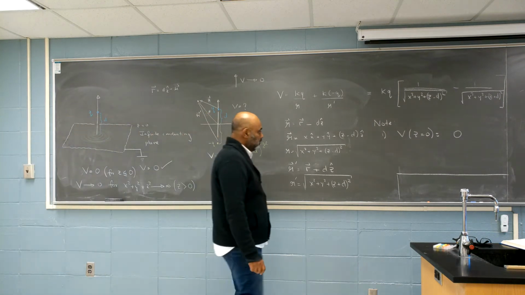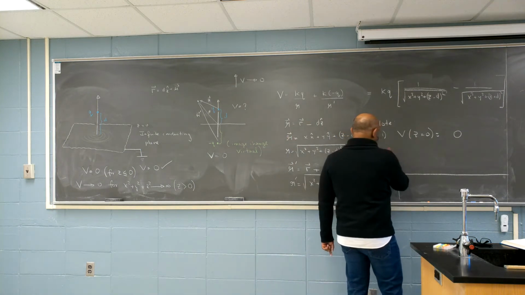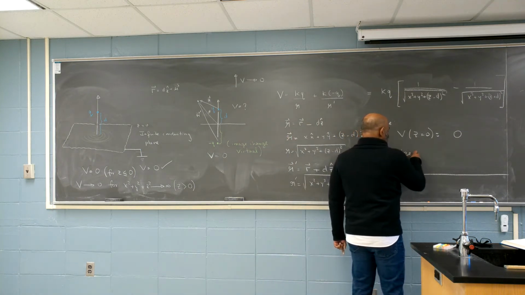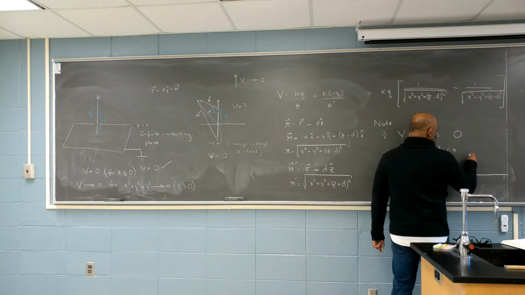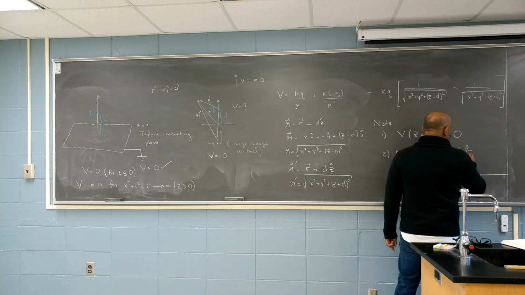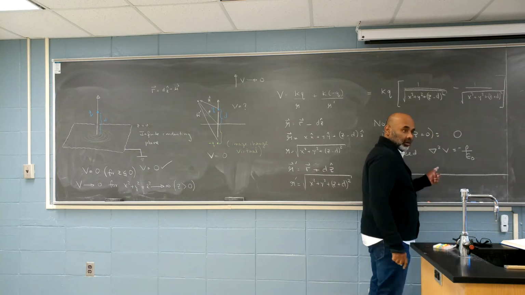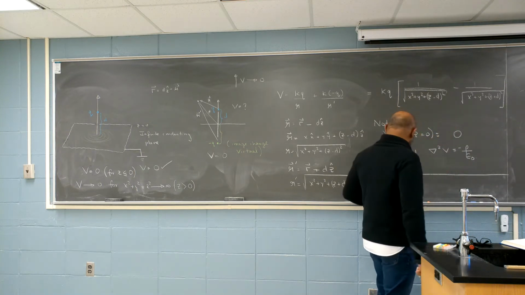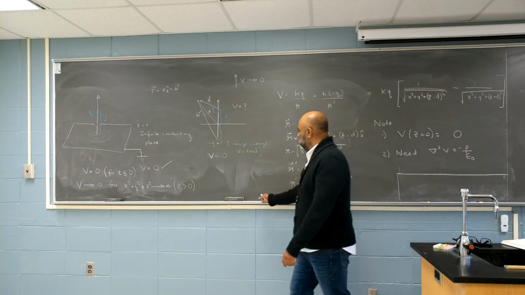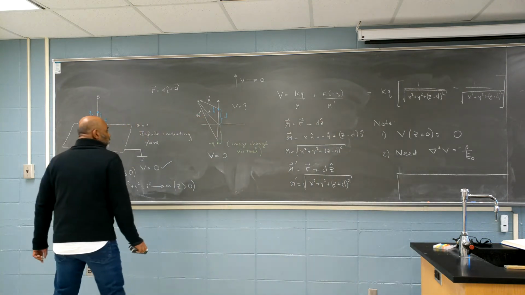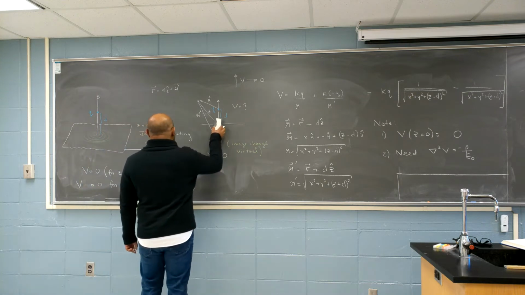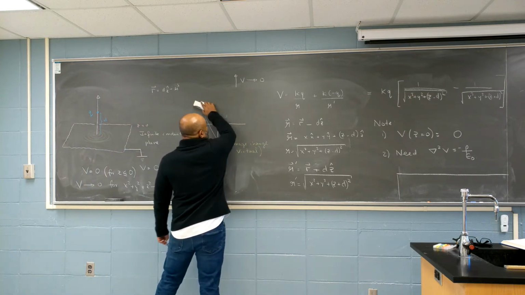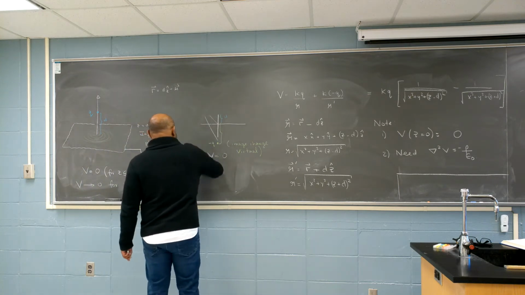And we need del squared V equals negative rho over epsilon naught, right? That's what del squared V is. But let me use a different version. You get the picture here now, so I'm going to scrap this.